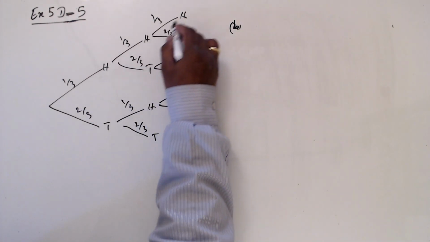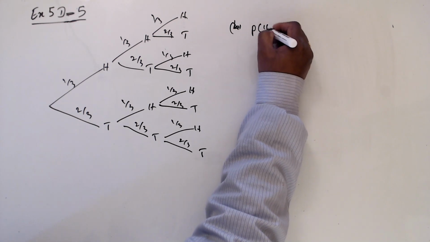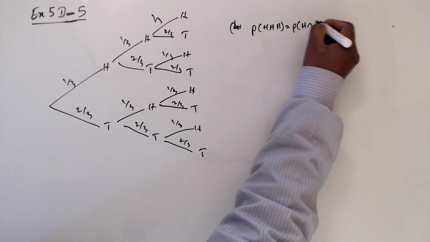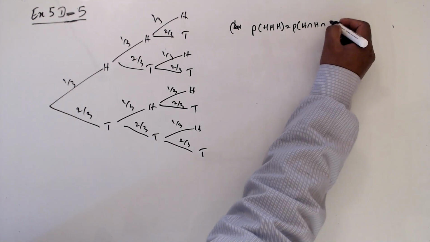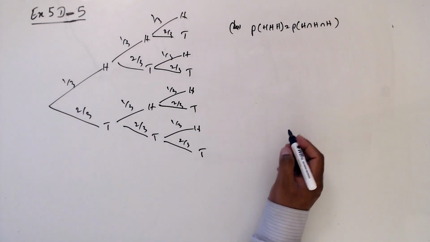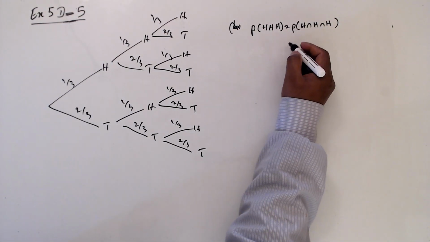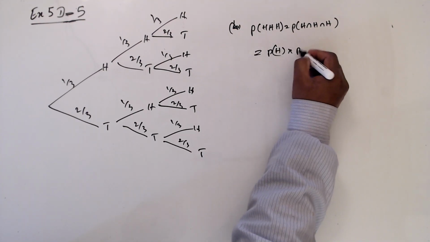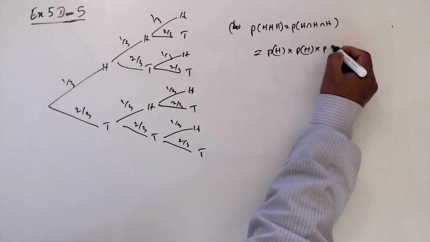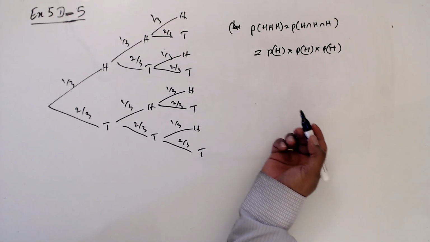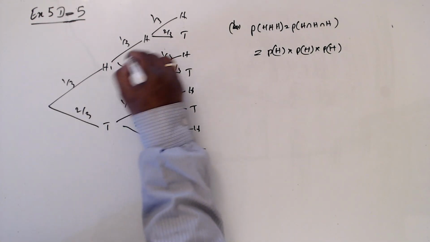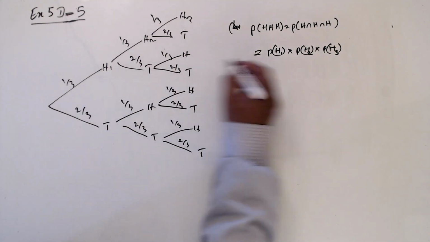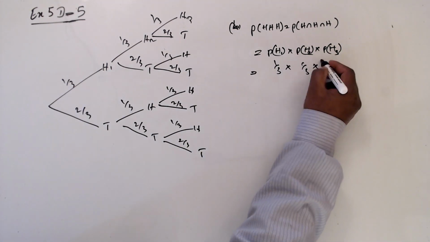So all 3 times is probability of H, H, H, meaning probability of H intersection H intersection H. That is equal to probability of H multiplied by probability of H multiplied by probability of H. So 1/3 times 1/3 times 1/3.